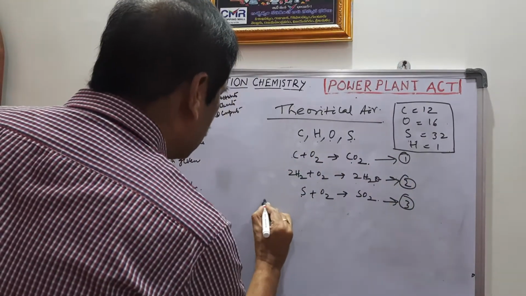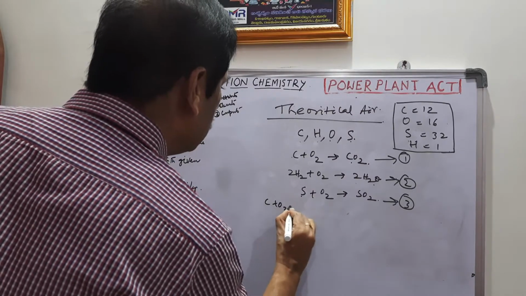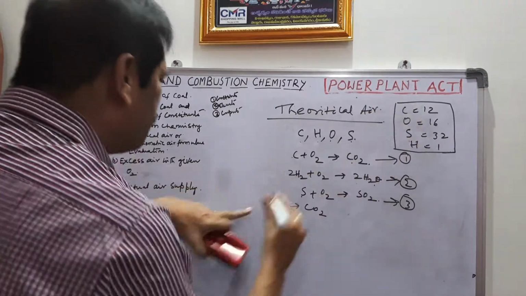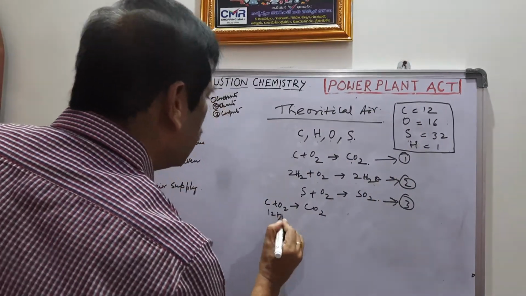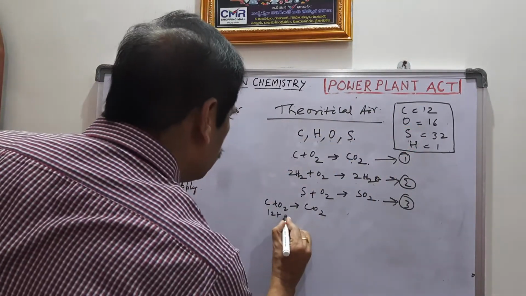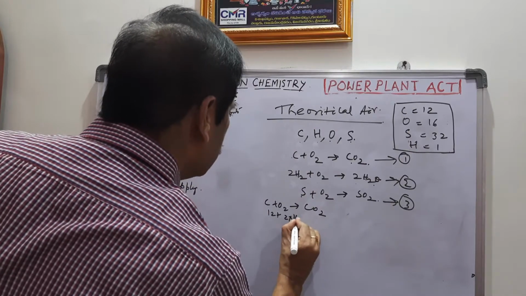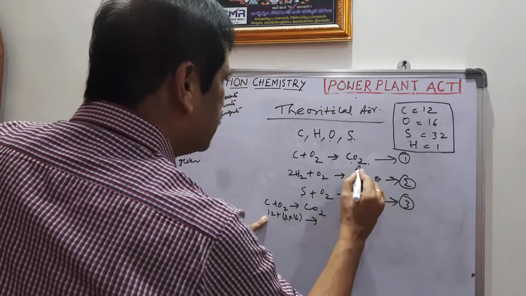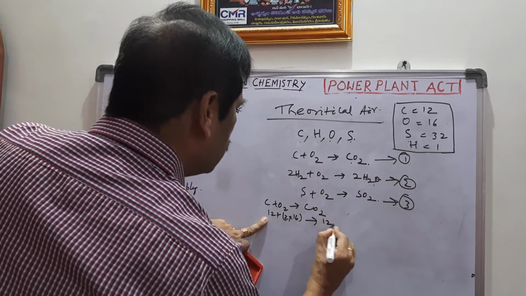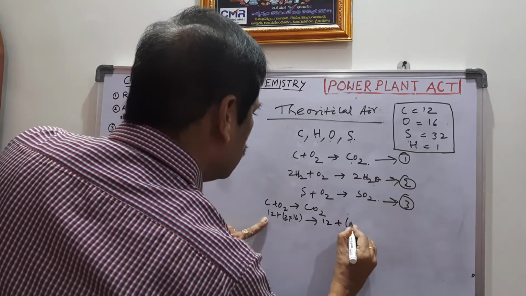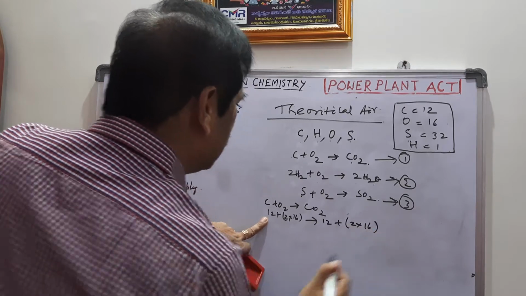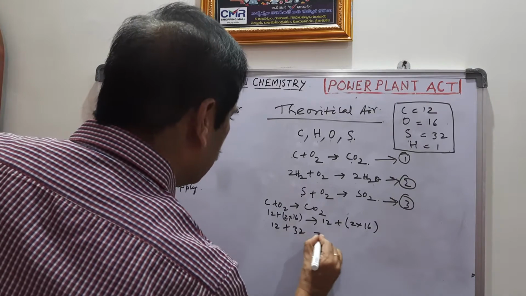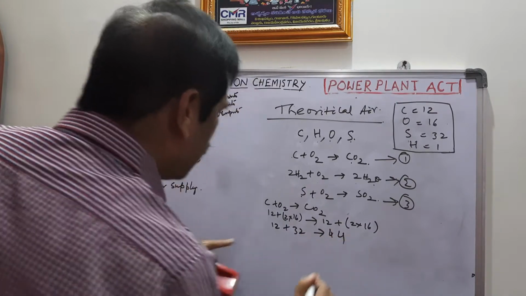When carbon comes in contact with oxygen, this becomes CO2. What is the molecular weight of carbon? It is 12 and oxygen is 16. So carbon dioxide forms as 12 plus 2 into 16. Then 12 plus 32 becomes 44.